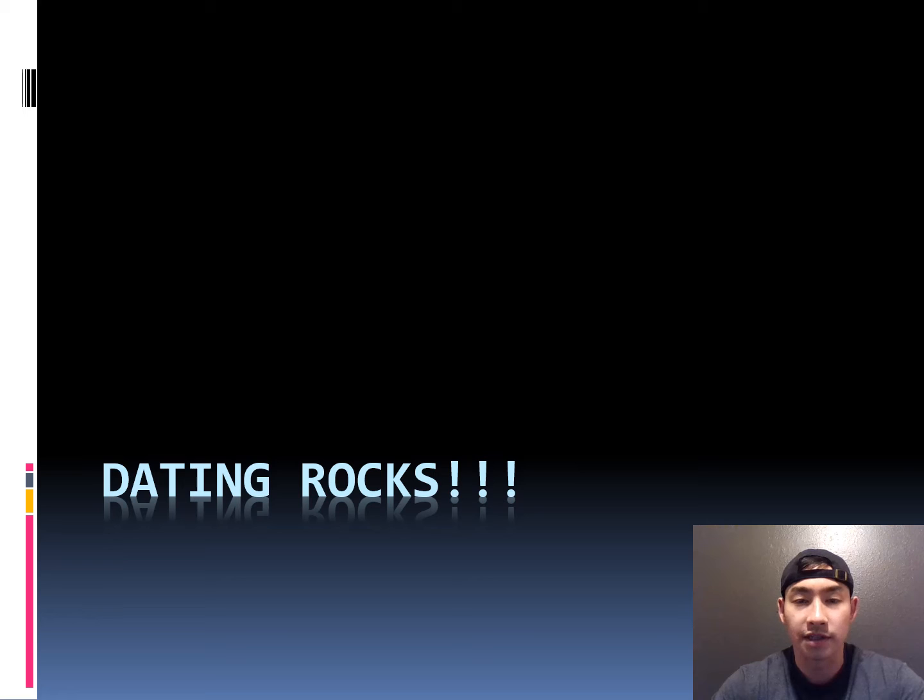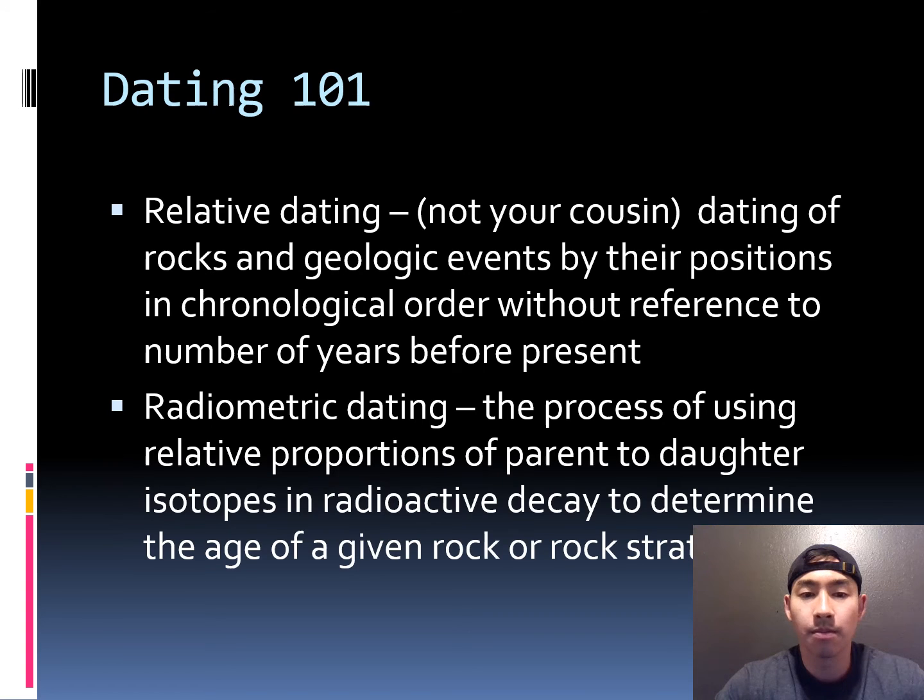And now we're discussing our current week's lab, which is geologic time, or in layman's terms, the dating of rocks. So in geologic dating, we have two different methods. We have relative dating and we have radiometric dating. In relative dating, we look at rocks and geologic units and also events based on their position and their relationship to one another within the Earth.